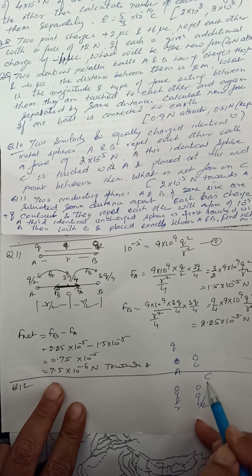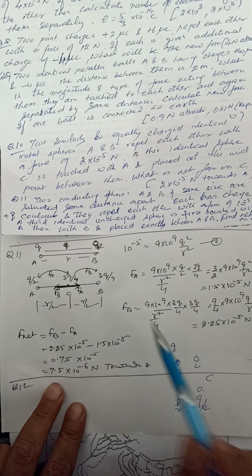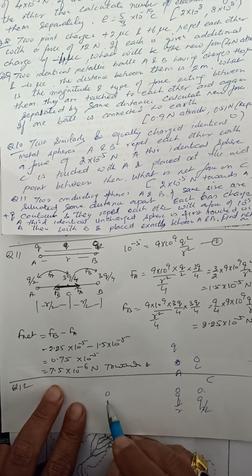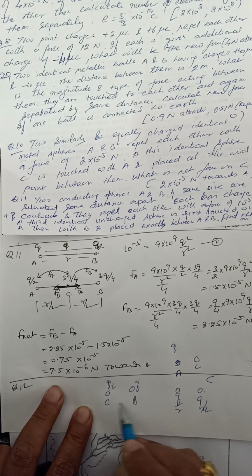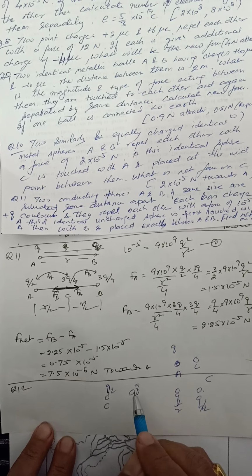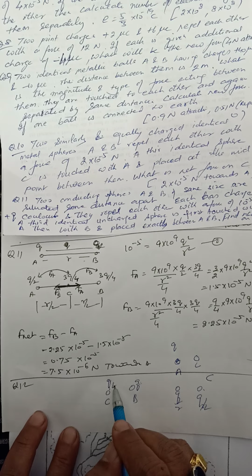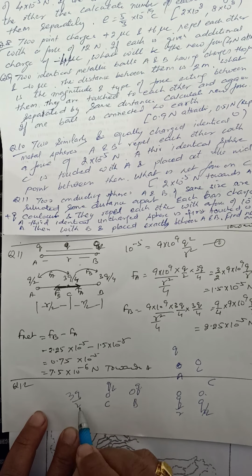But after that, C is touched with B also. Now C has Q by 2, B has Q, and now they are touched. So what is the total charge? Total charge becomes Q plus Q by 2, that is 3Q by 2.